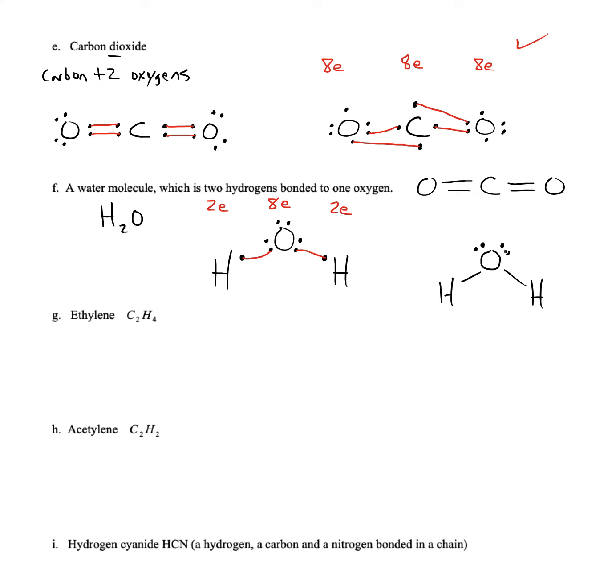So they're going to actually repel each other. And not only that, but they repel the bonds between the hydrogen and the oxygen, making this bent shape because those bonds want to get away from the lone pairs.